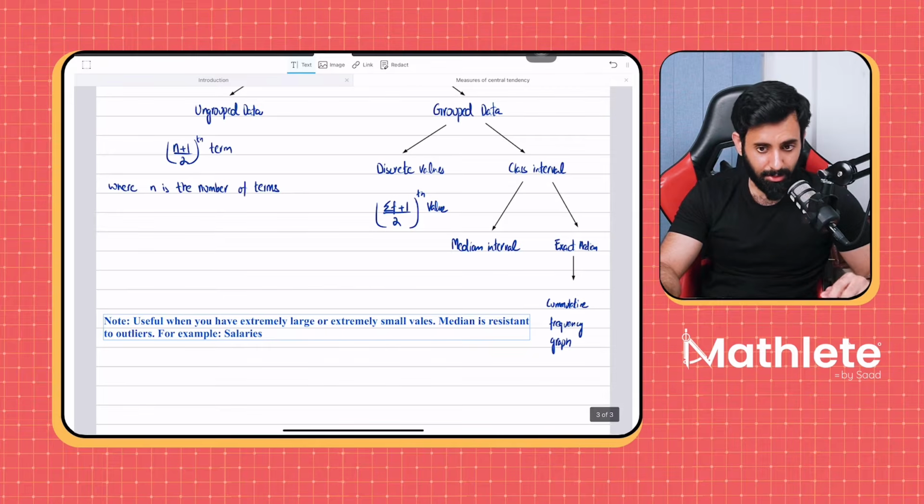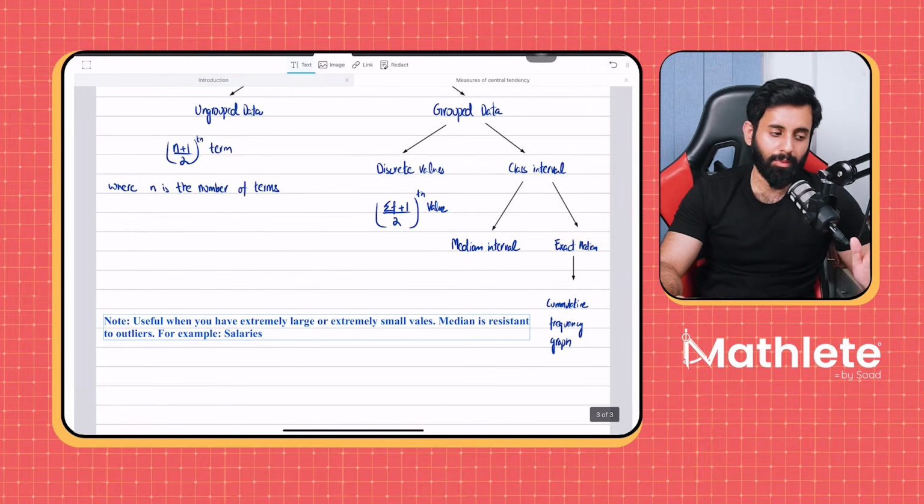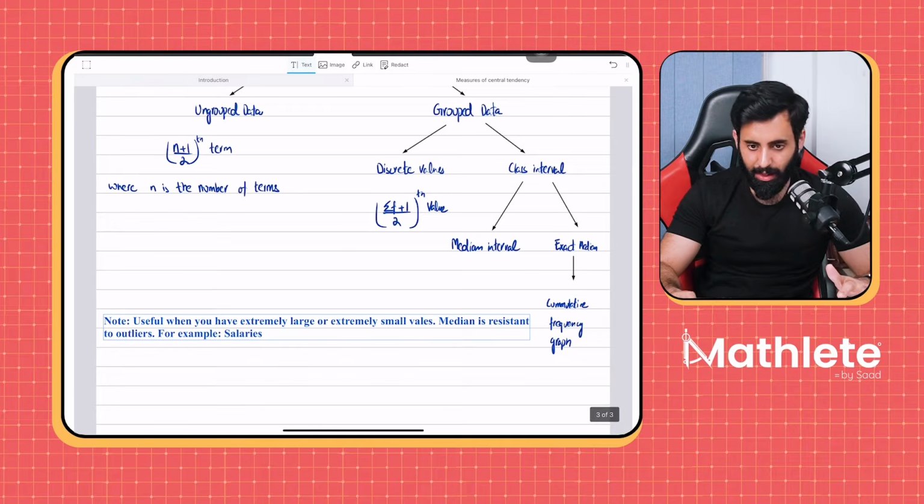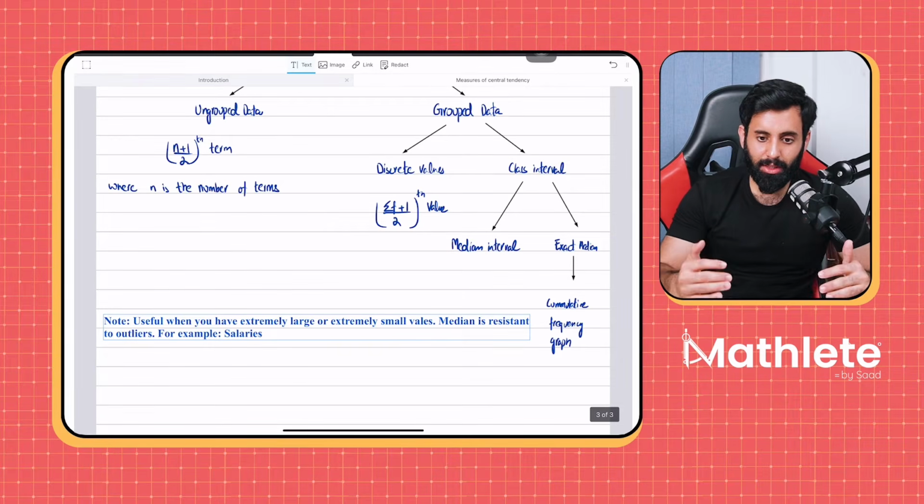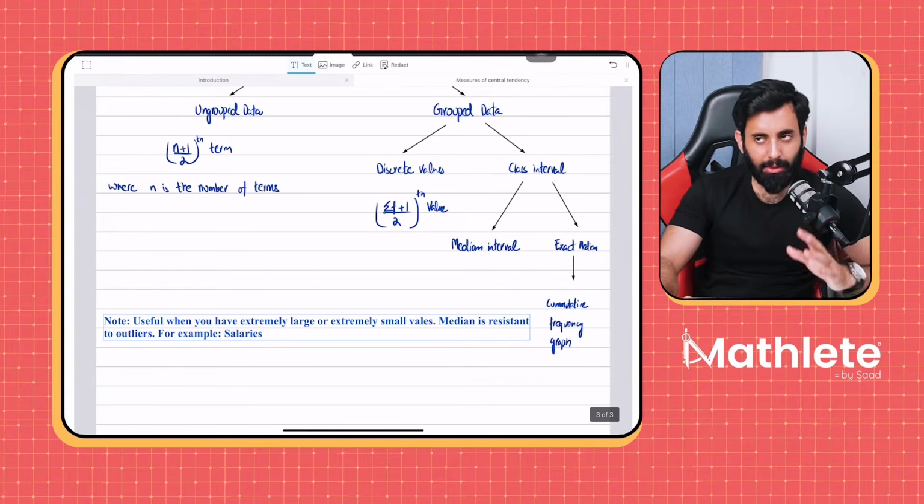Okay, how does that help? You mean to ask why is median useful in that case? Okay, look. If let's say we take the average, the mean, and you have an extremely large value. Let me put it to you this way.